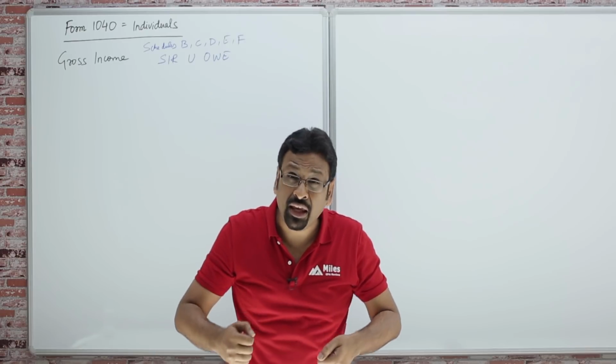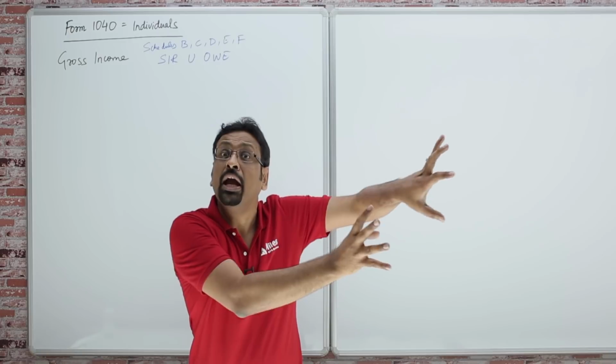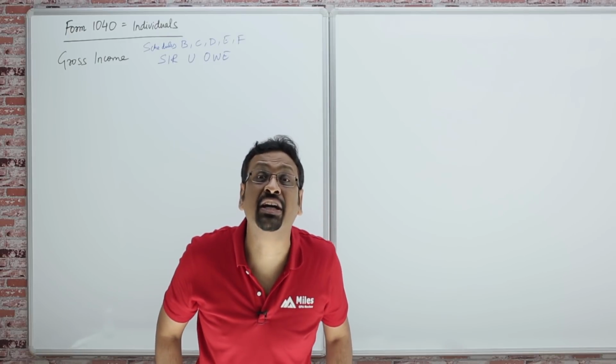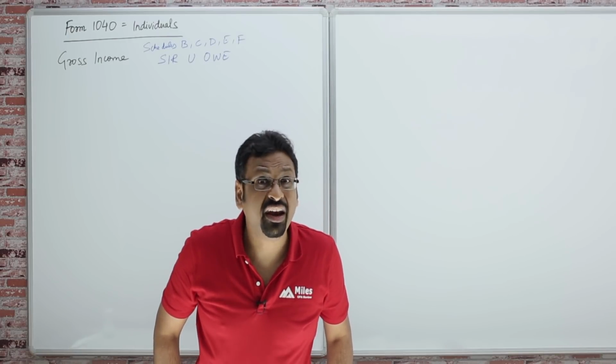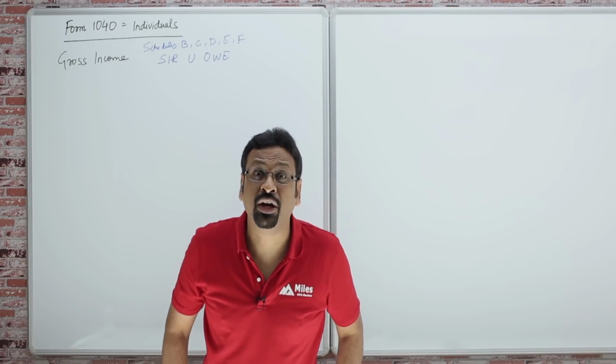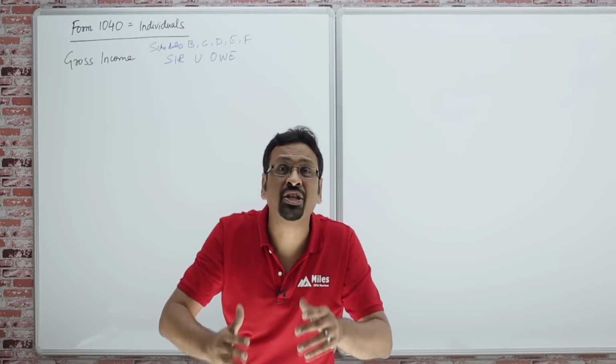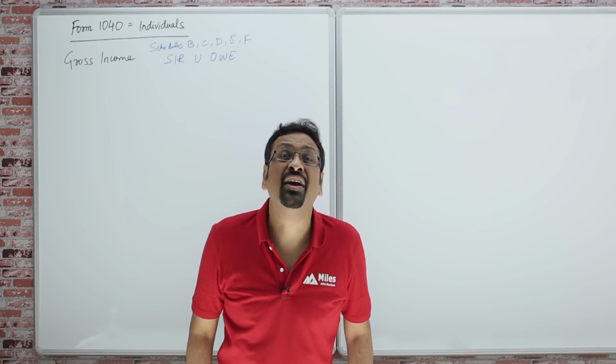You've been paying your student loan. You've been putting money into your health savings account. And now you wish there was a way to reduce your gross income. You wish there could be some deductions.